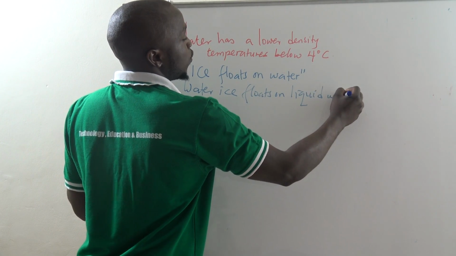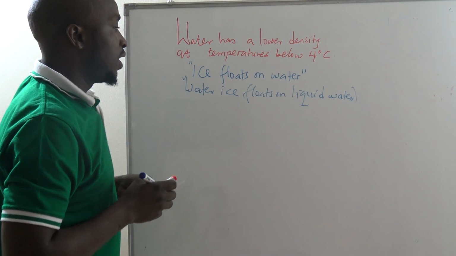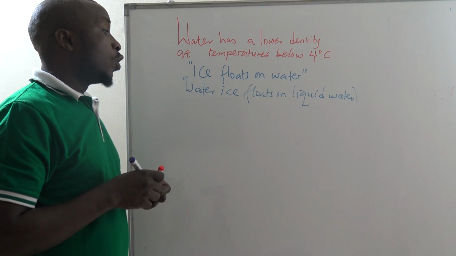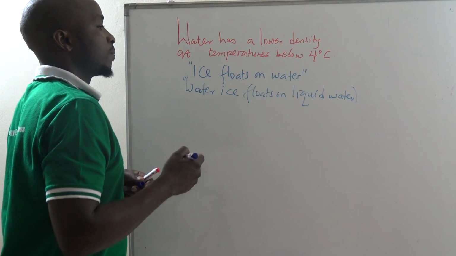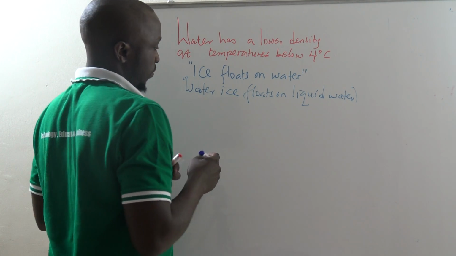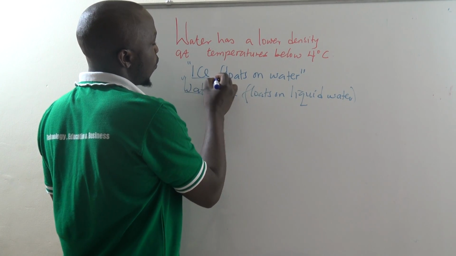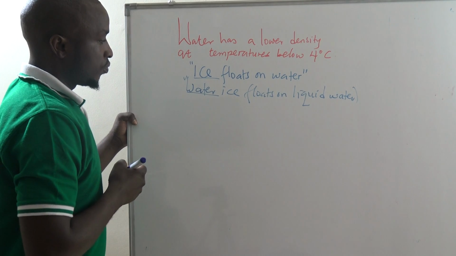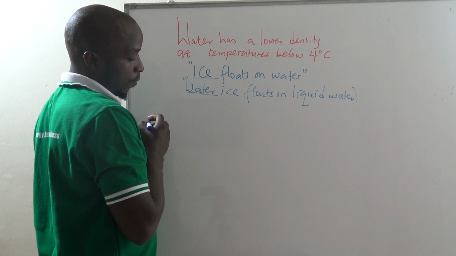Because you can have ice which is carbon dioxide, and you find it is denser than water. But water ice, water as a solid, floats on water, a liquid. How does this come about? Why does ice float on water?